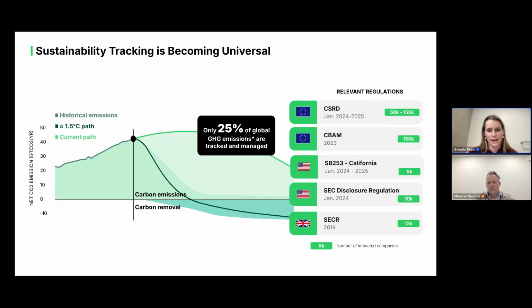Our starting statement is really to say that only 25% of global greenhouse gas emissions are tracked and managed today. And as long as a company can switch on the light and really have a look at the emissions that are in their scopes, it's going to really help us reduce, because we think we can reduce what we don't manage.